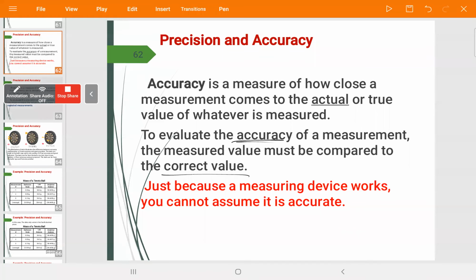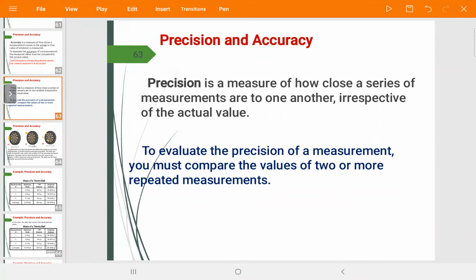Now the next concept is precision. Precision is simply a measure of what? How close a series of measurements are to one another, irrespective of the actual value. So for example, a measured value can be precise, but not necessarily accurate, as well as a measured value can be accurate, but not necessarily precise.